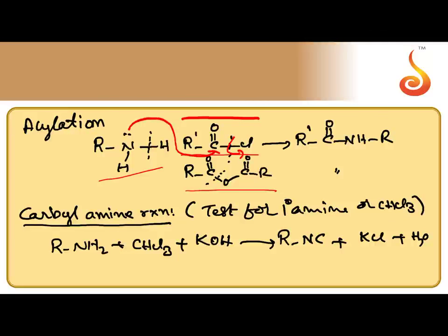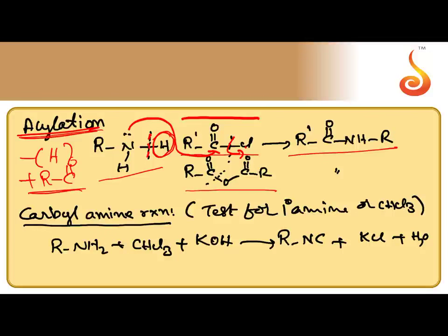With lone pair it attacks at C, Cl minus is removed, Cl minus takes H plus from N. So finally, in place of H of amine, RCO, acyl group is introduced. That's why the process is called acylation. H of the amine is substituted with acyl group.